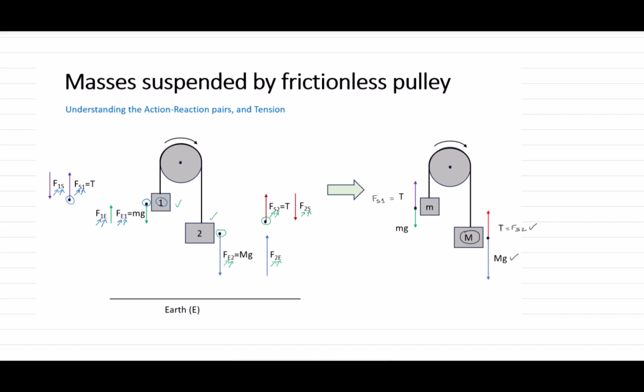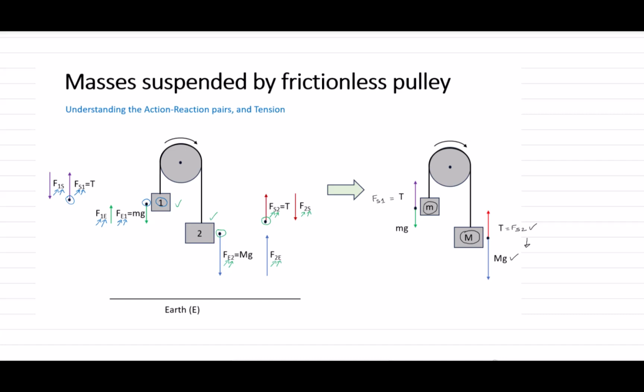Since mg is greater than T, equal to FS2, overall the object is moving in the downward direction. Since the force mg is greater than the tension, or FS2, the motion of object 2 is in the downward direction. Now let's focus on object 1.